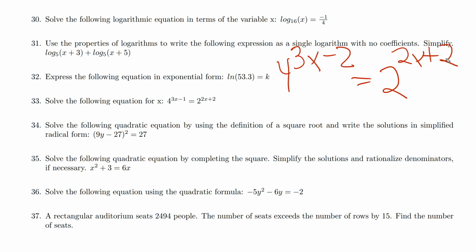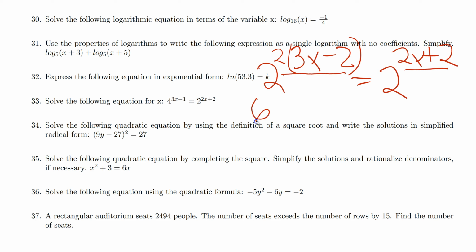If we can get this 4 to have a base of 2 instead of 4, I can do that by saying this is 2 to the second. So this was originally 4. I made it 2 to the second. So now my bases are the same.